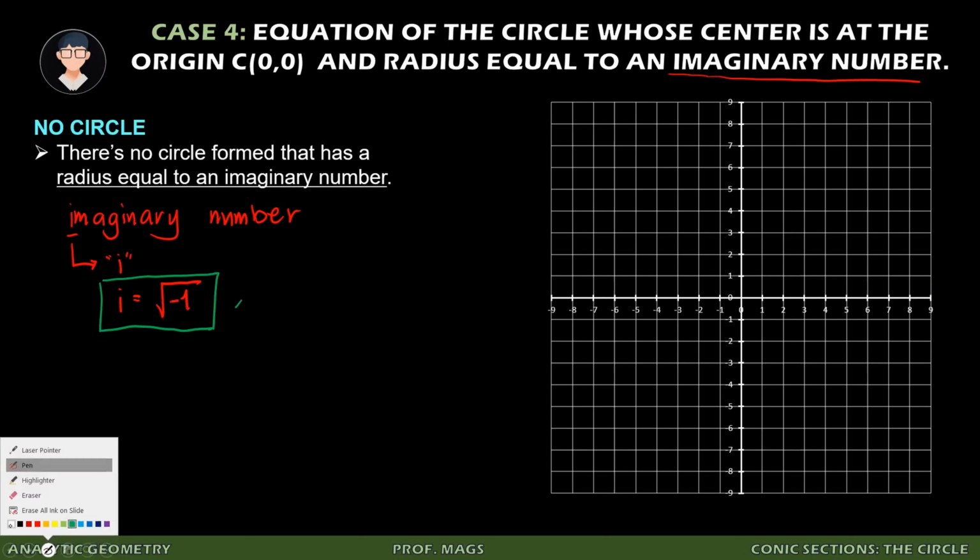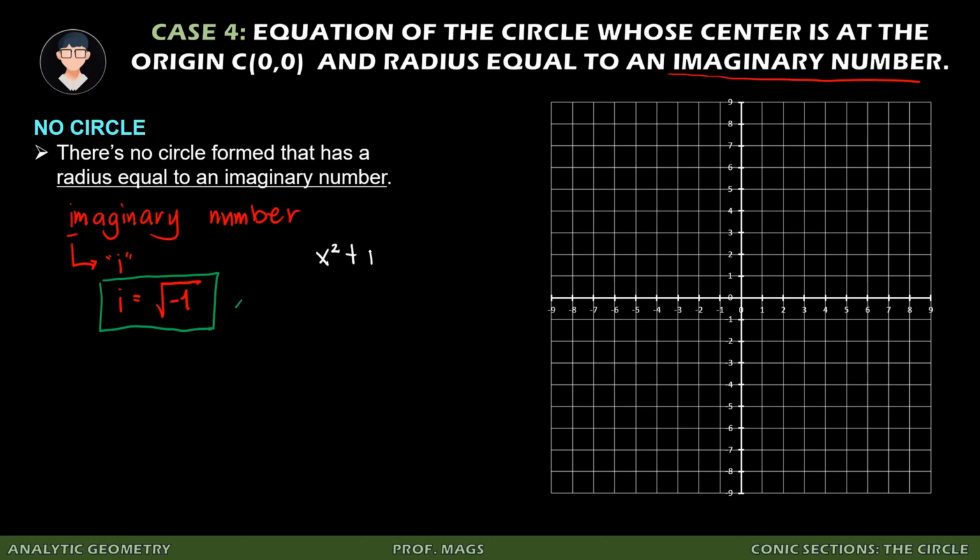So, let us prove that by using our standard formula. So, yung standard formula natin is x squared plus y squared is equal to r squared. Take note, ang pinag-uusapan natin dito is when our center is at the origin.